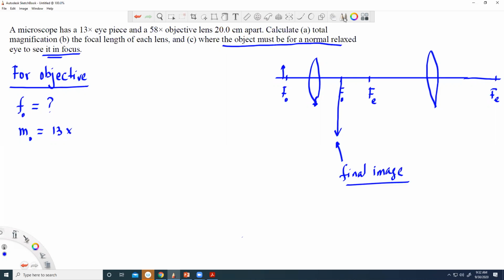So we can treat the lenses independently here. So for objective, that's that. And then for eyepiece, focal length is FE, not given.